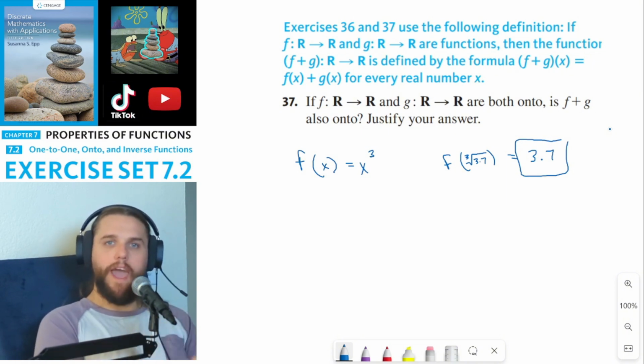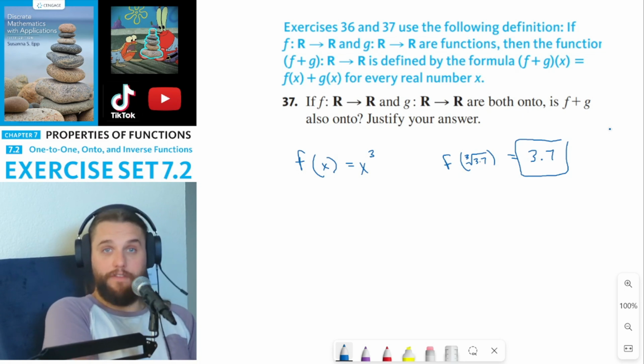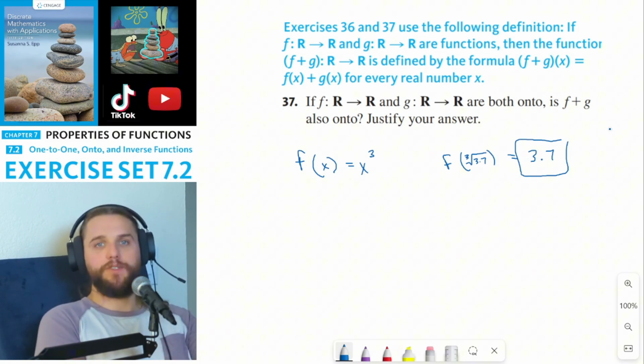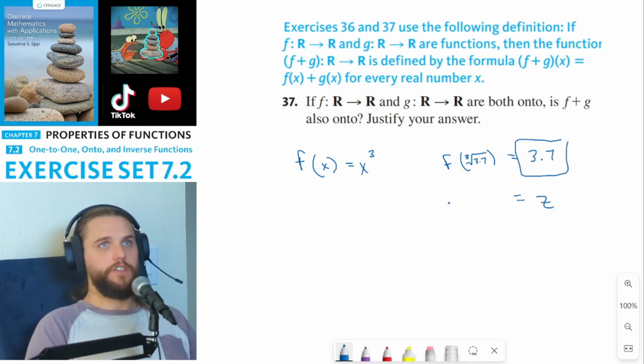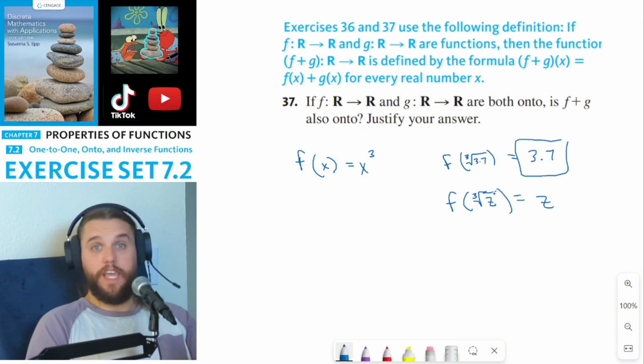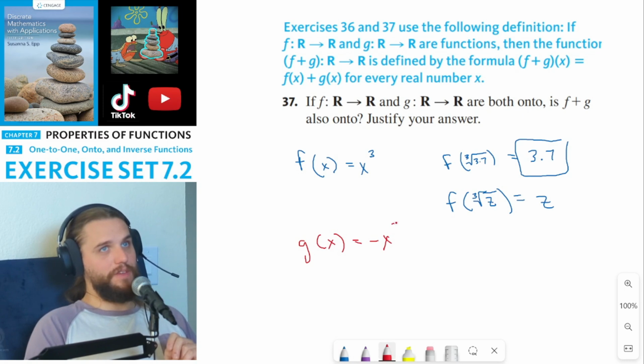There's a way of finding an input in the domain of f that maps to the output 3.7 or whatever number you want. So in general, if we want some real number z, we can just plug in the cube root of z. And it doesn't matter if z is negative or positive, since you can take the cube root of negative numbers. Now let's imagine another function, g(x), which is negative x cubed.